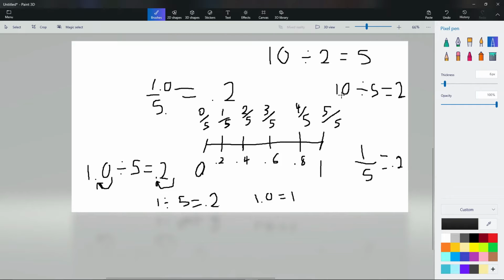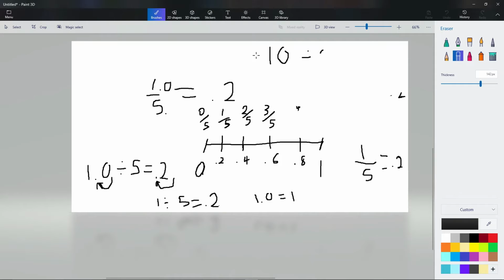Just as long as if we add a decimal here, if we're moving this decimal here, we got to move the decimal here. But that's only if it's on the left side. We're not going to talk about the second number here, because if you make that a decimal, you're technically multiplying instead of dividing, but we'll be too much ahead. Let's go ahead and discuss that real quickly right now.